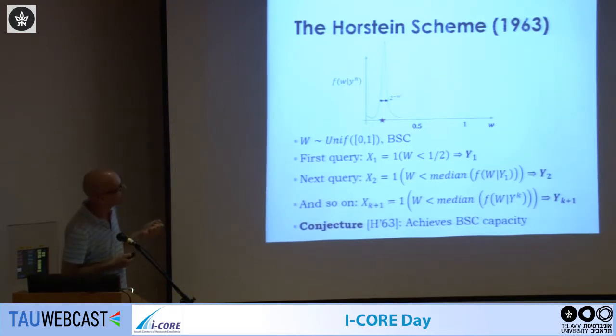He not only conjectured that there is some concentration, he also conjectured this is an optimal concentration, that the width of this shape is roughly 2 to the minus n capacity. That means you can locate the target with resolution that corresponds to the channel capacity, which is the best you could hope for. He gave some hand-waving arguments to convince, but it remained open for a while. We'll discuss this in a sec.